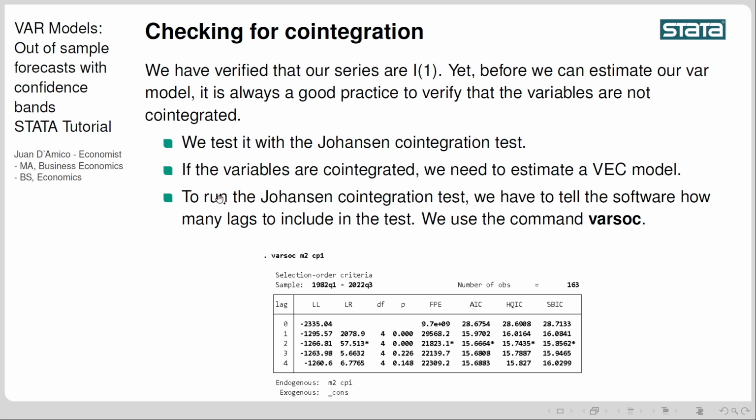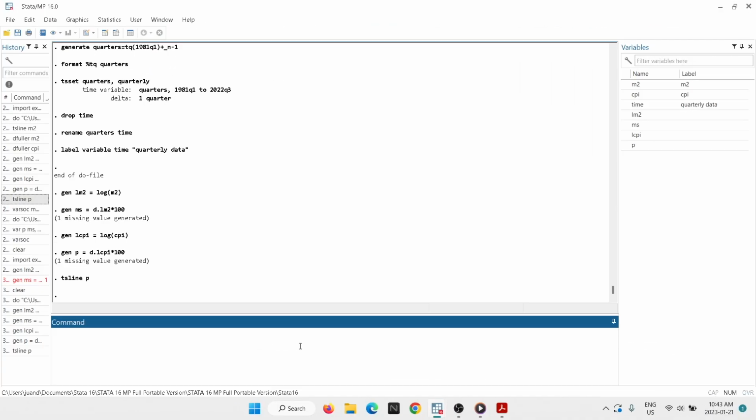We're going to run the Johansen Cointegration Test, but before that, we have to tell the software how many lags we want to include in the test. And we're going to check for the amount of lags using the command var soc. Back in Stata, you're going to type var soc, and then you type M2 for the money supply and CPI.